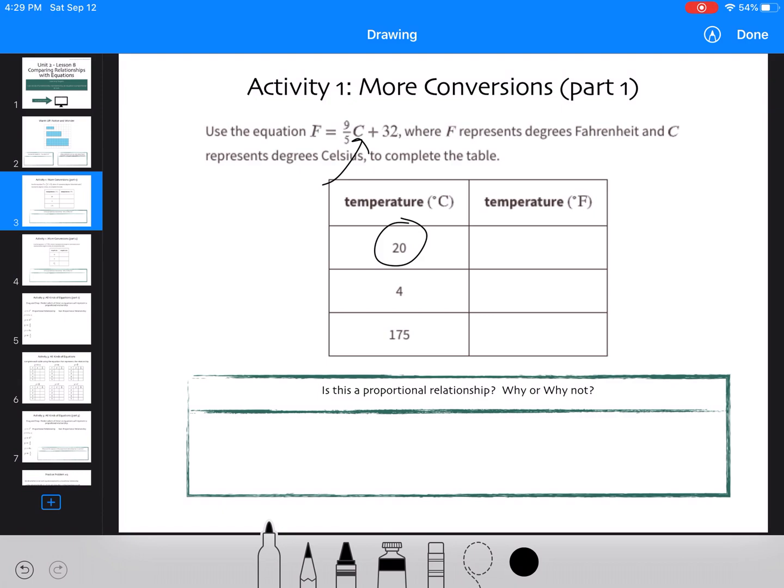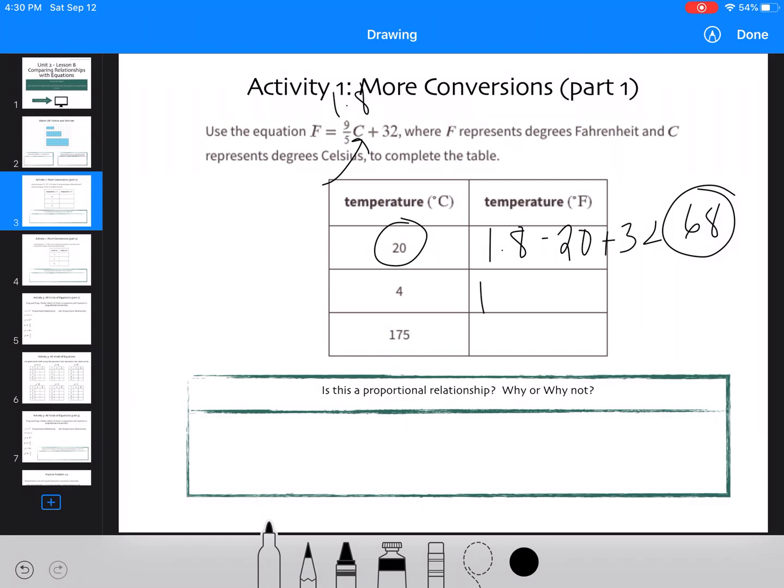If you're using your cell phone, which is what I'm using, I'm going to do 9 divided by 5 first, and I get 1.8. So now I'm going to do 1.8 times 20 plus 32. I get 68.